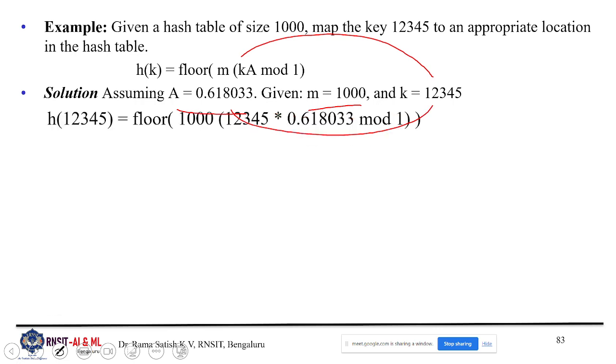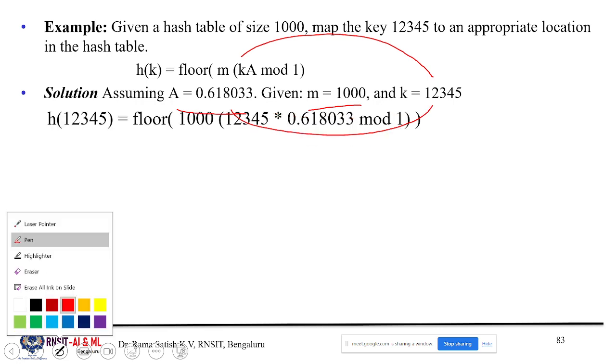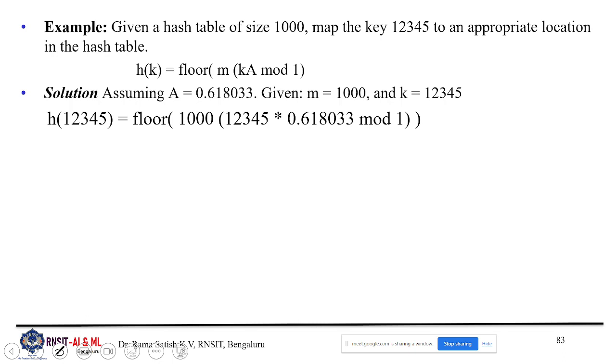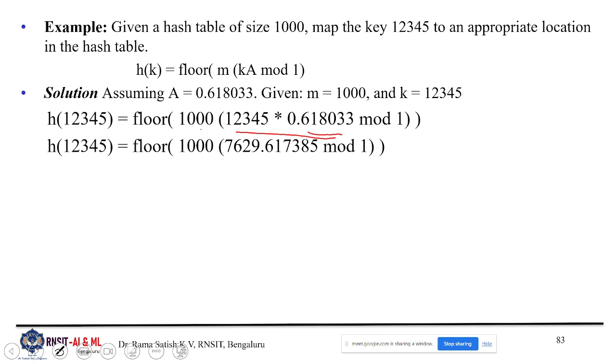When you multiply these two, A value modulus 1 into 1000, you get 7629 point something. A is a constant which will be given in the problem itself.